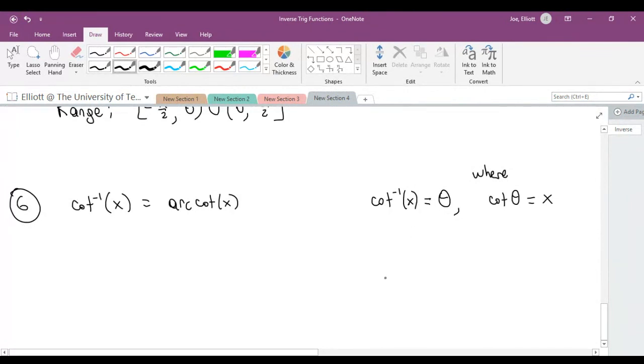Okay, and then we'll have to put a restriction on this one. So since cotangent was cosine over sine, probably theta would be restricted between 0 and pi. Although I think that's another one that I'll have to double check as well.